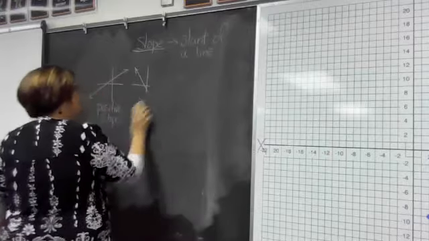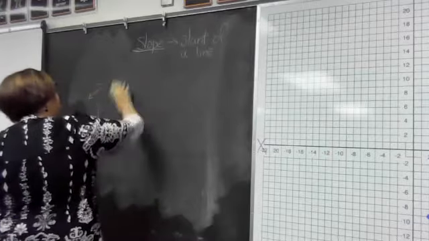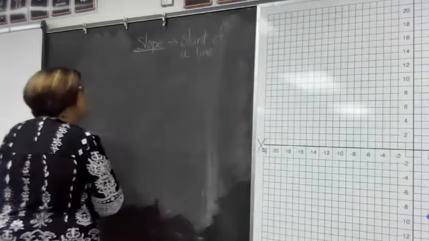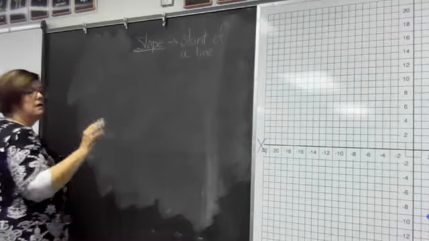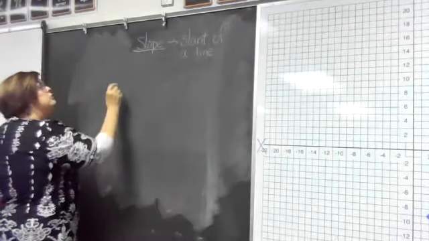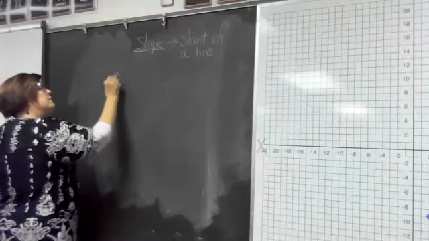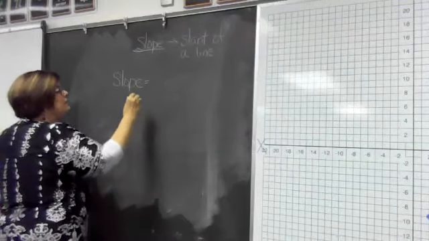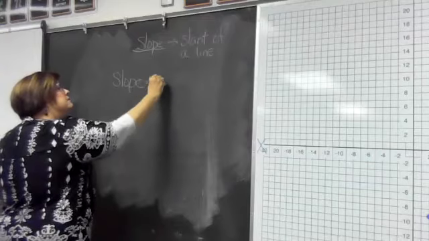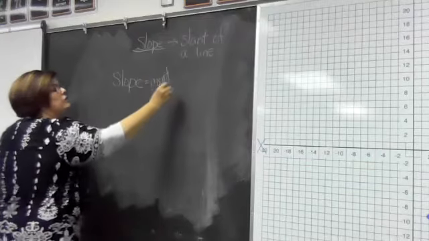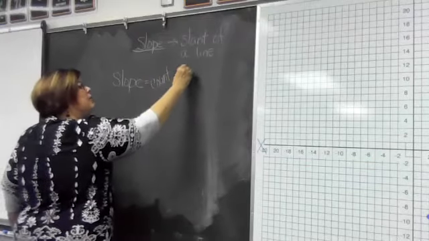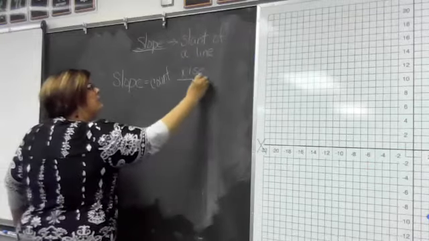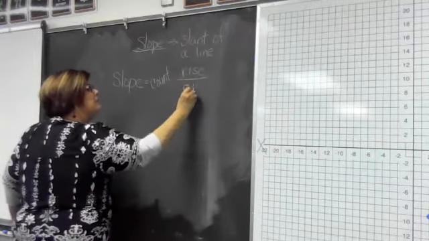Okay, and as we move on, we're going to find out that if we're looking at a graph itself, we can find the slope by counting the rise, how many blocks we rise, and how many blocks we run.